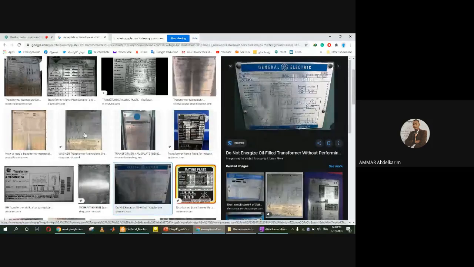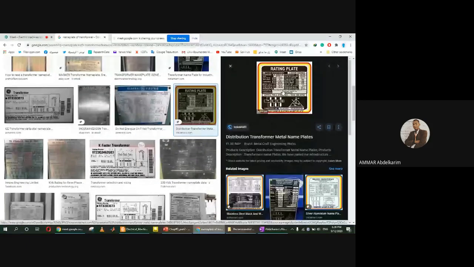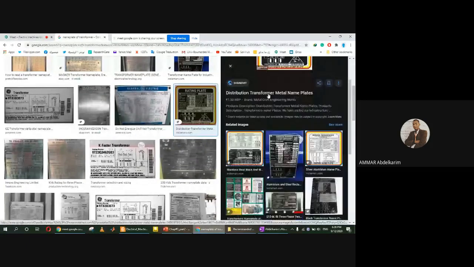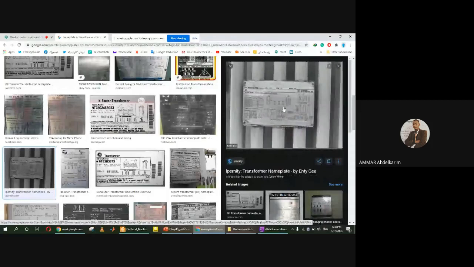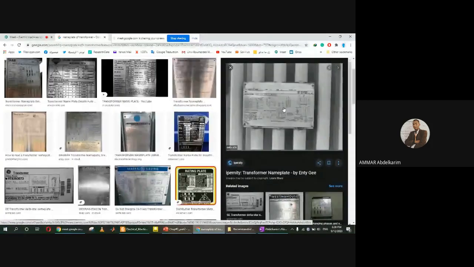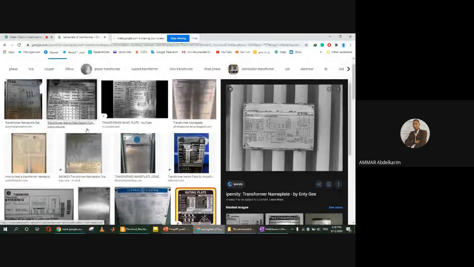Here we can find information concerning voltage and current. Okay, no load, full load. So it contains information concerning the transformer. Of course, we are talking about when we have a real transformer. So this is the nameplate.